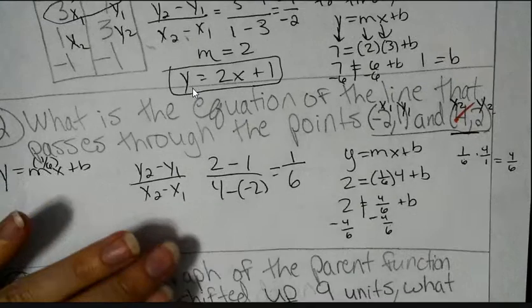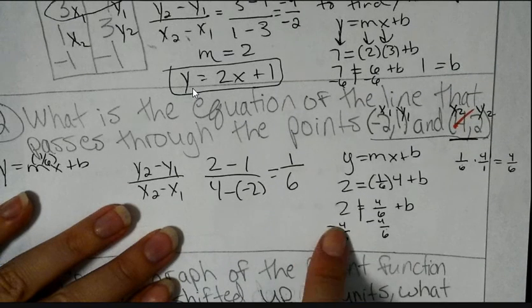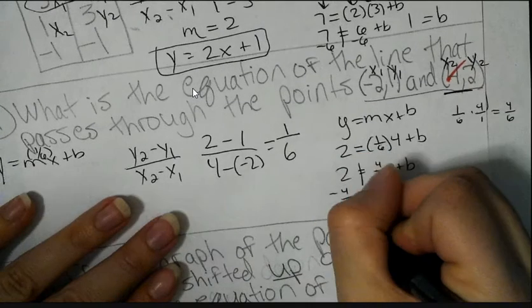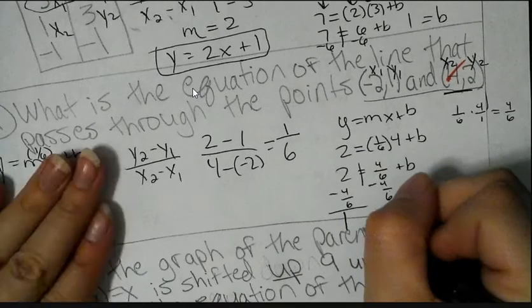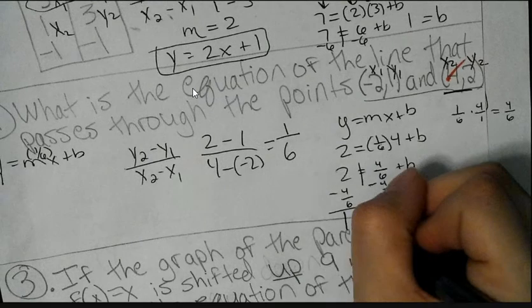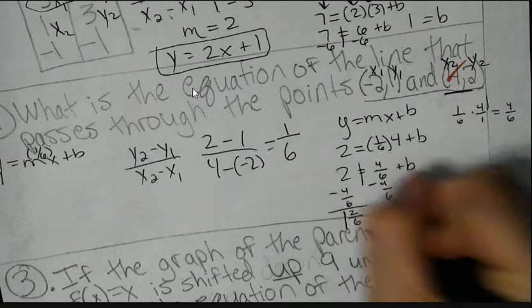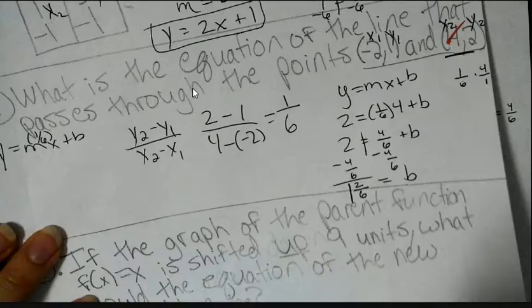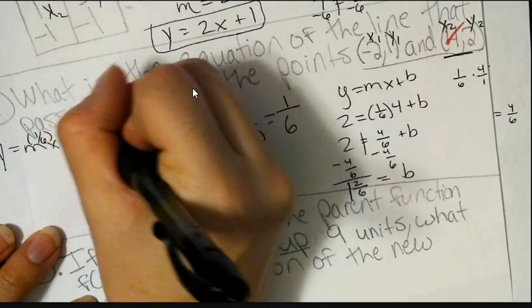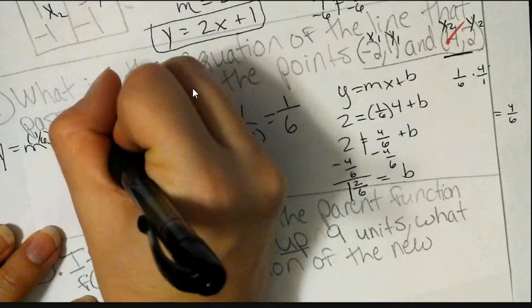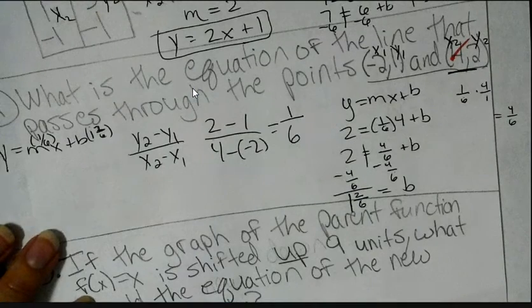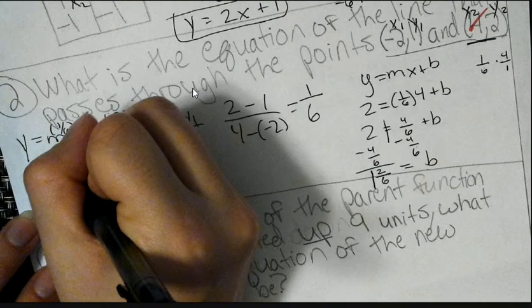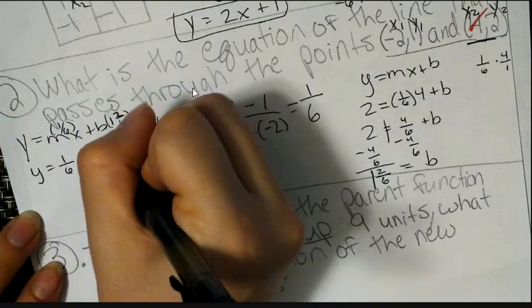So when I subtract, I have 2 wholes and I'm taking away 4/6. So I'm still going to have 1 whole and 2/6 left. That's going to equal b. So I know my b is 1 and 2/6. So y equals 1/6x plus 1 and 2/6.